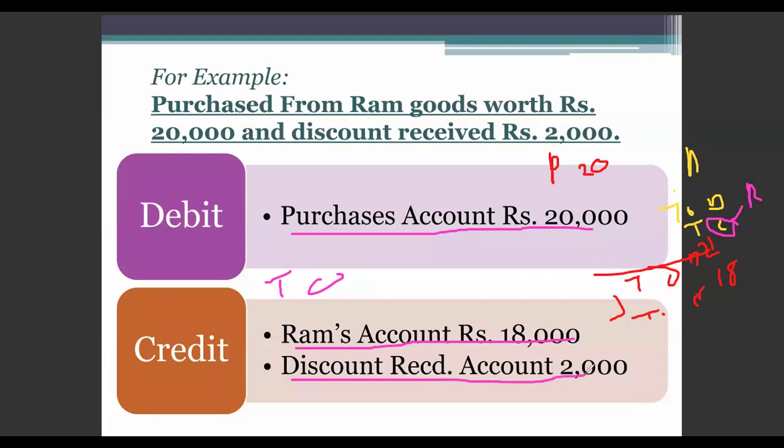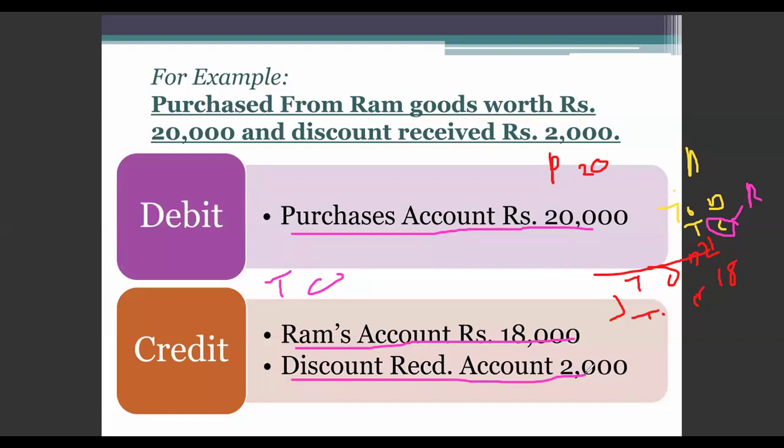So the 20,000 debit has equal 20,000 credit. It can be by way of single entry or it can be by way of combined entry. But the effect of debit and effect of credit should match. Or in other words, the amount of debit side and amount of credit side should be the same.